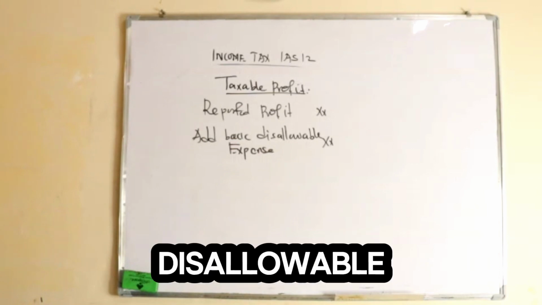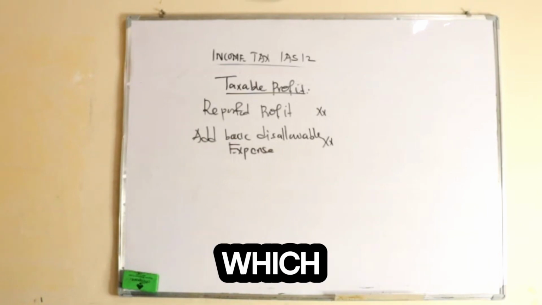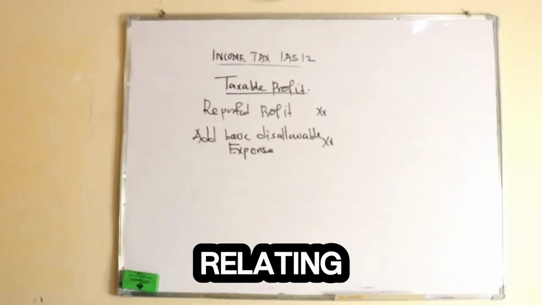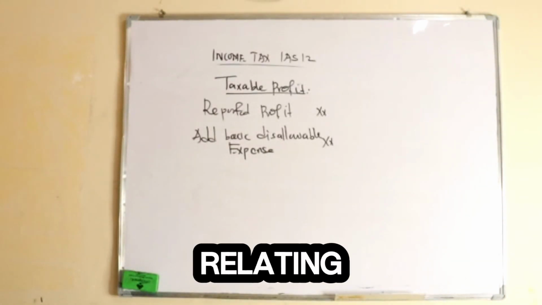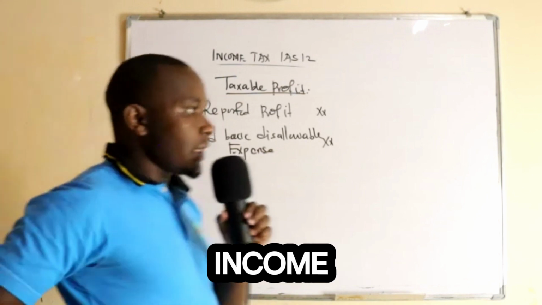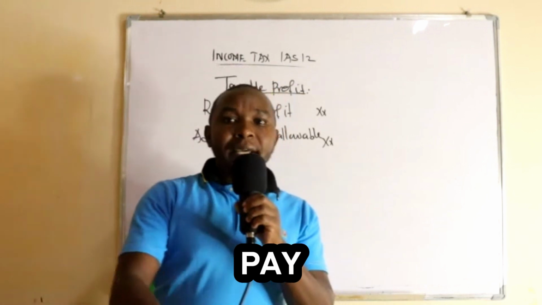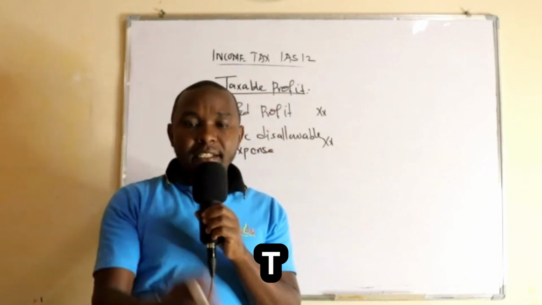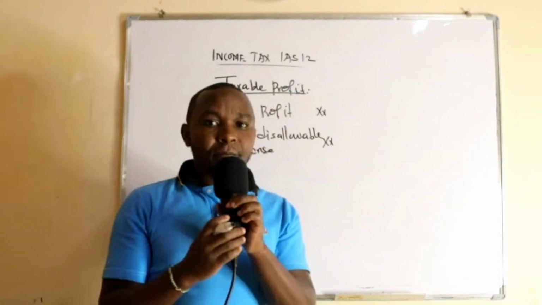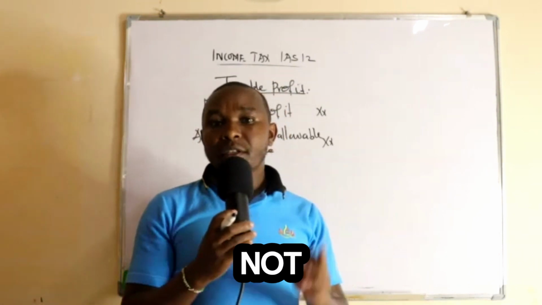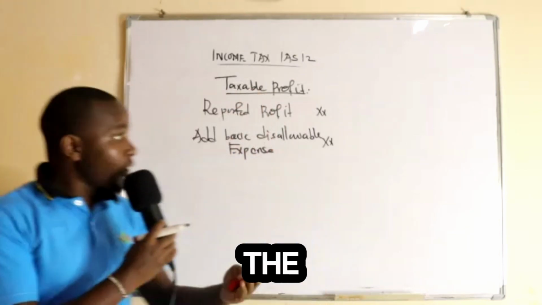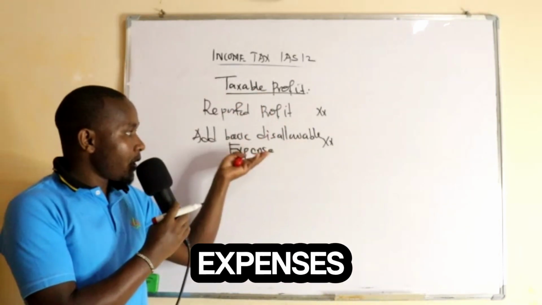When we talk of disallowable expenses, these are expenses which are not relating to the generation of business income. A good example, you pay tax, VAT. Does that VAT relate to the generation of a business income? It is not. That's why we regard all the taxes as disallowable expenses.